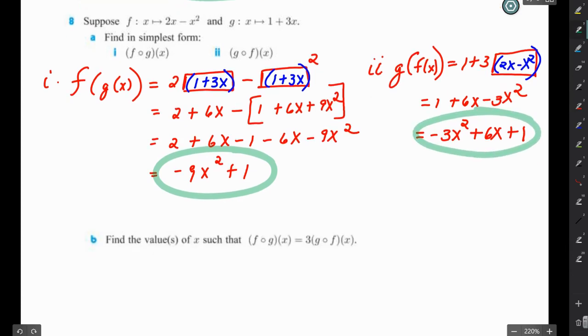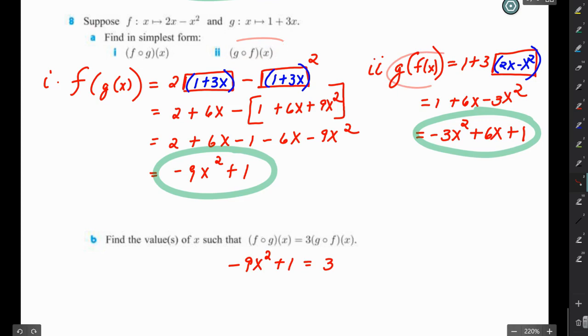Part B, find the values of x such that f of g of x equals 3 times g of f of x. And of course, we're using what we found in part A. So f of g of x is right here. That's what we found in letter I. So let's write that. Negative 9x squared plus 1 equals 3 times g of f of x.